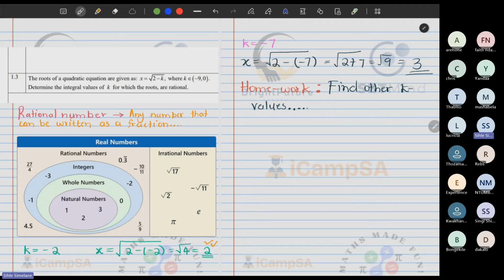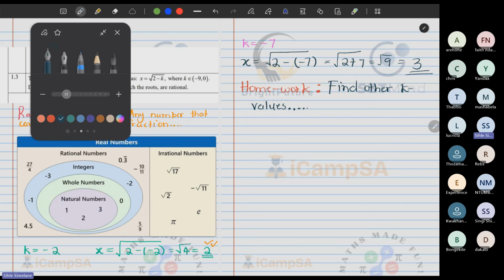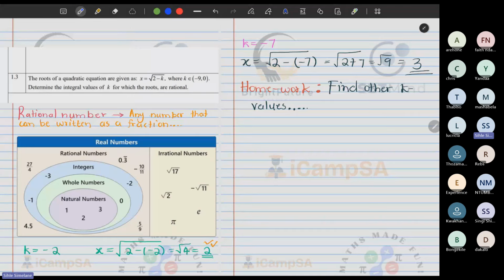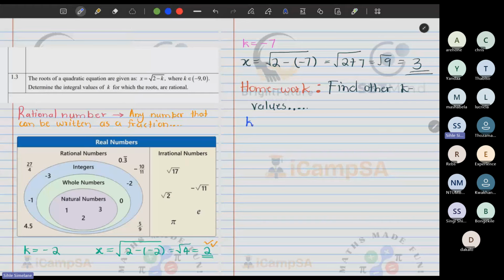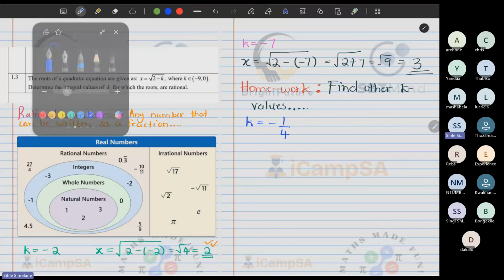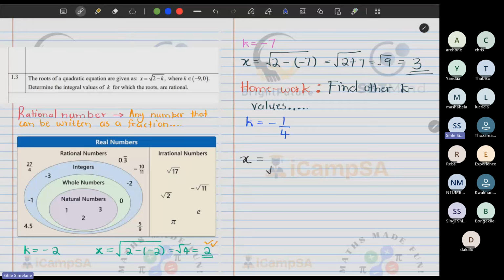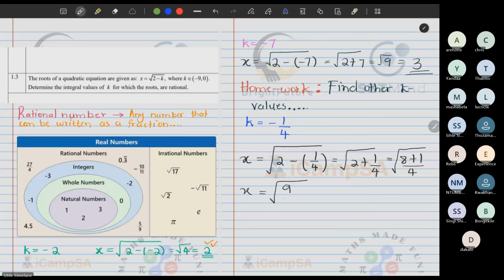So I can give you one of the k values. Let me give it to you. Another one, I'm going to give you k. Let me think, is this going to work? Yeah. k equals -1/4. Okay. Have a look at what will happen, guys. x will be the square root of 2 minus -1/4, which means we'll have the square root of 2 plus 1/4. If you make a common denominator here, you'll have the square root of (8 plus 1) divided by 4, meaning your x is the square root of 9/4.